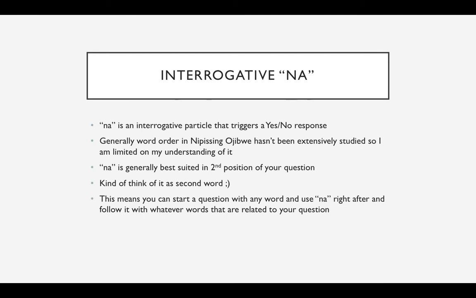This means you can start a question with any word and use na right after and follow it with whatever words are related to your question. So whether that's the noun or the verb, just as long as na is the second thing that you say.